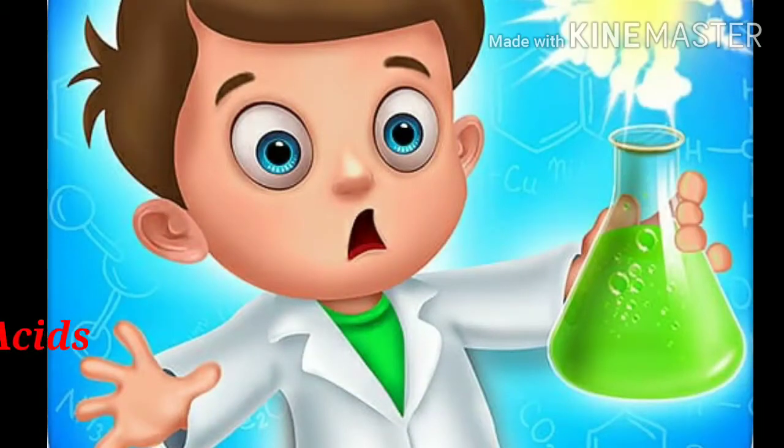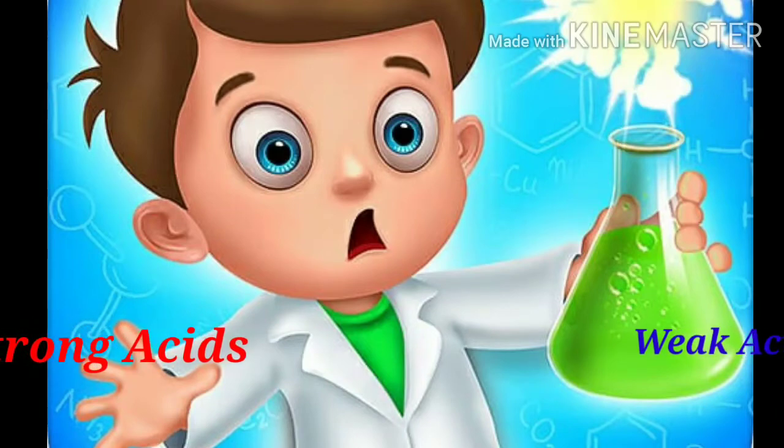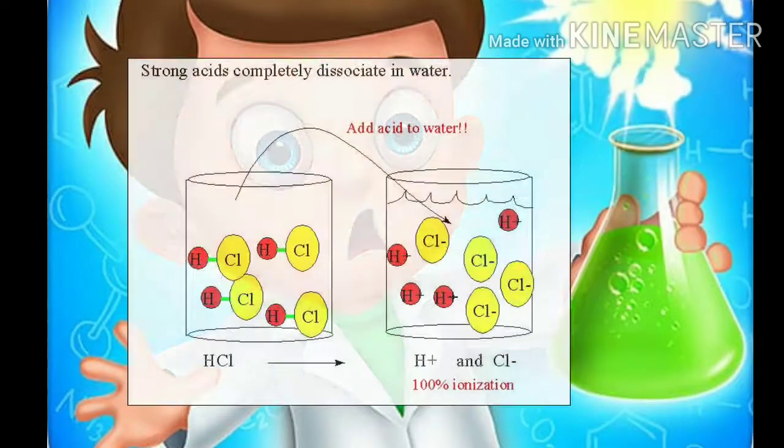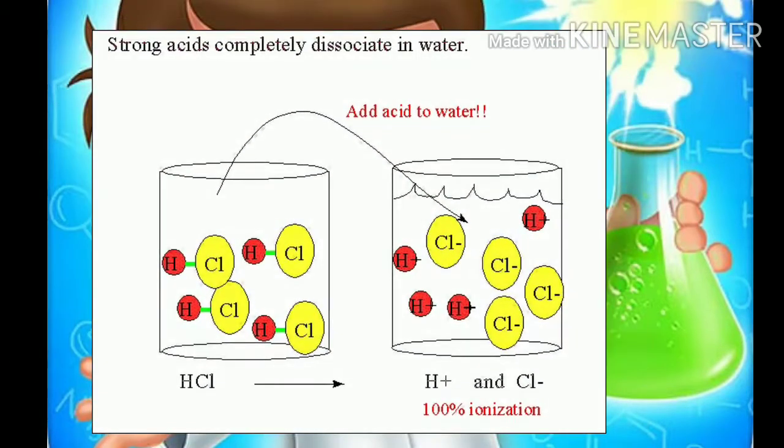On the basis of their strength, acids are also classified as strong acids and weak acids. Strong acids are those which dissociate or separate completely in water to give a large number of hydrogen ions.